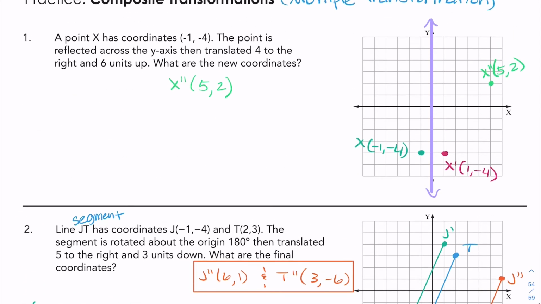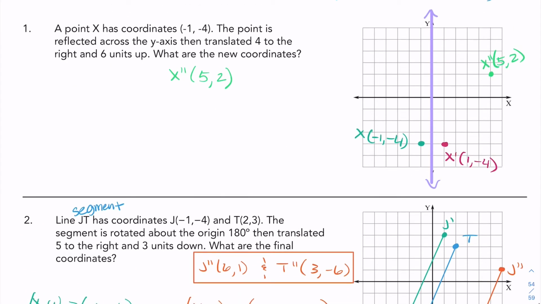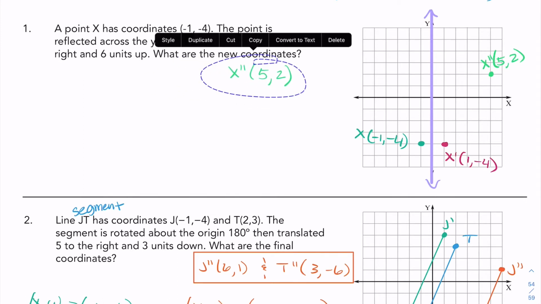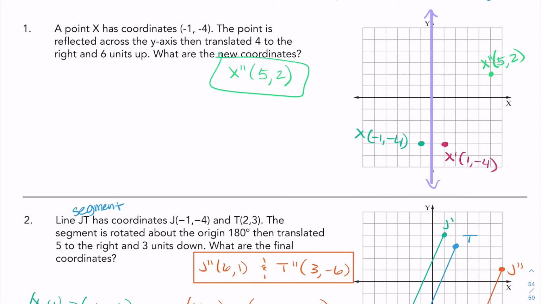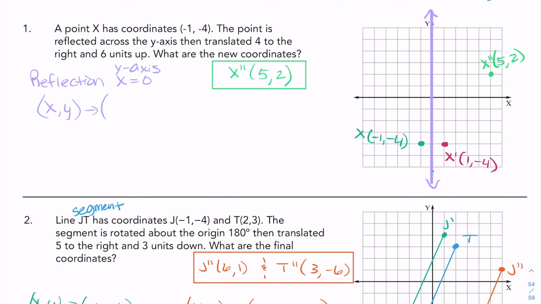What I should do for this one is write my reflection rule. I really shouldn't be lazy. I should be writing out my rules. So for the first one, it was a reflection across x equals 0, or the y-axis, where the rule is x, y mapped onto opposite x, same y.